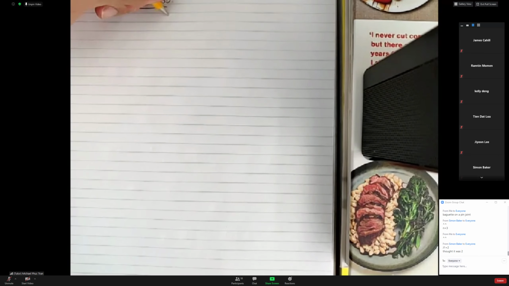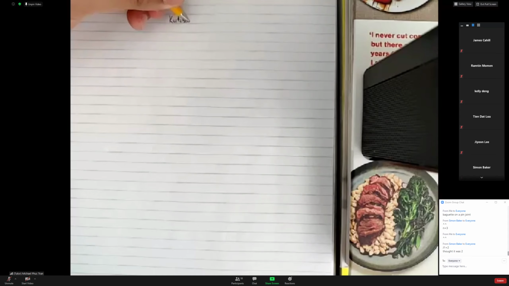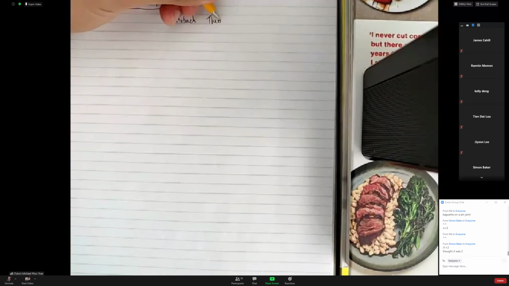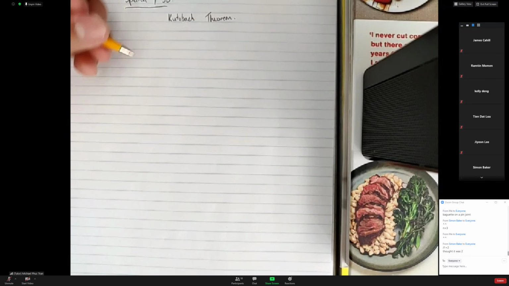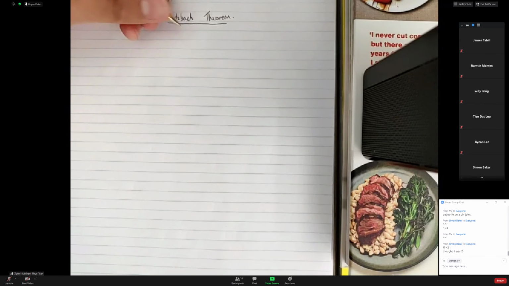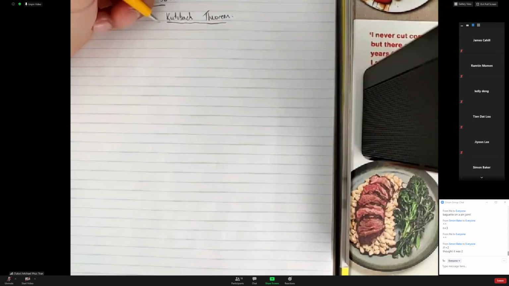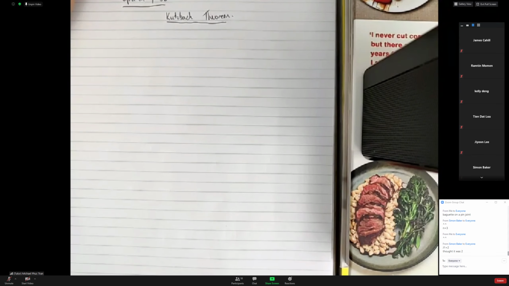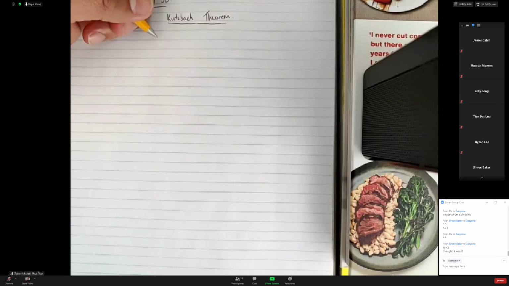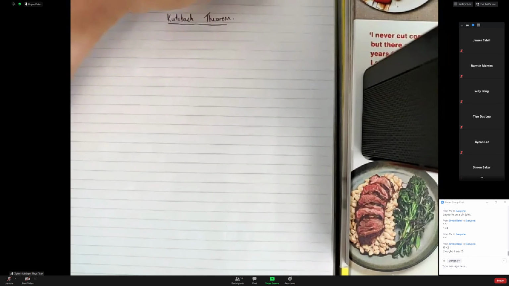So instead of a 3, which is the total number of degrees of freedom in a 2D space, so 2 translation, 1 rotation. In the 3D space, we have 6.